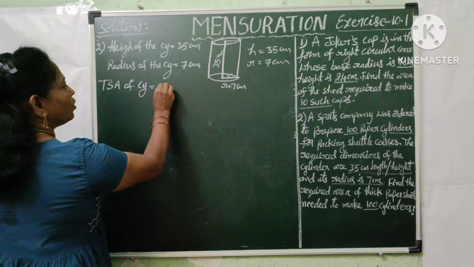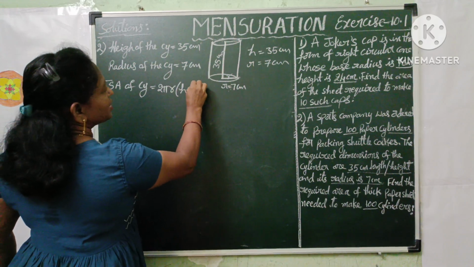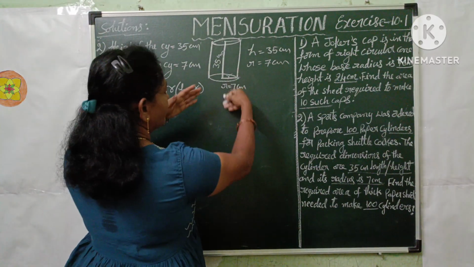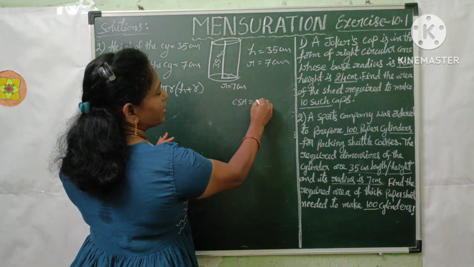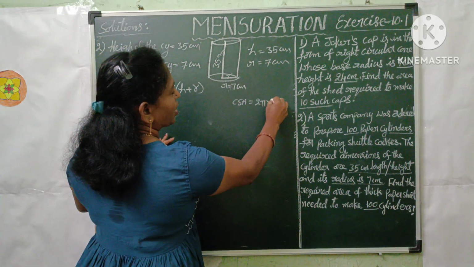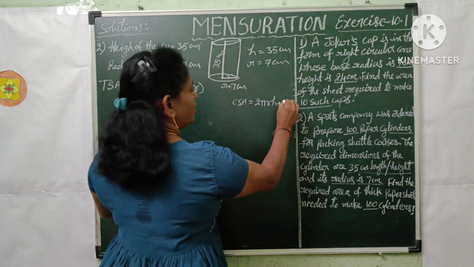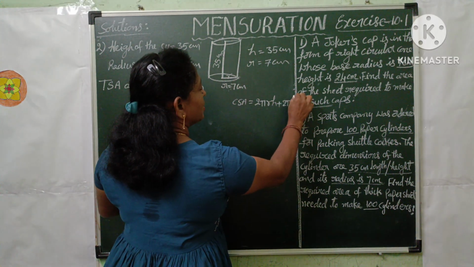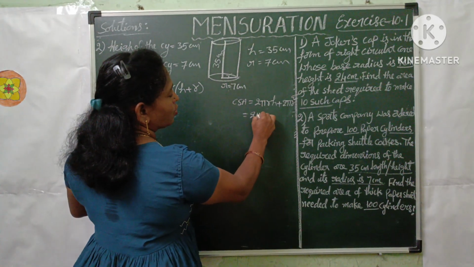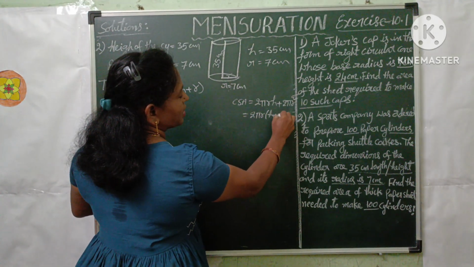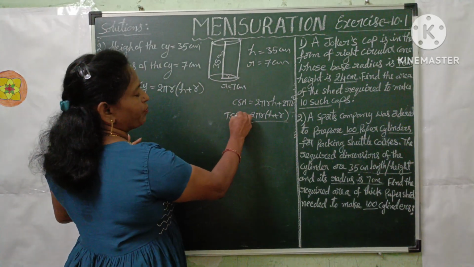CSA of cylinder is 2 pi r h, plus two areas, top area and bottom area, 2 pi r square. So 2 pi r, taking it common, h plus r. This is the total surface area.